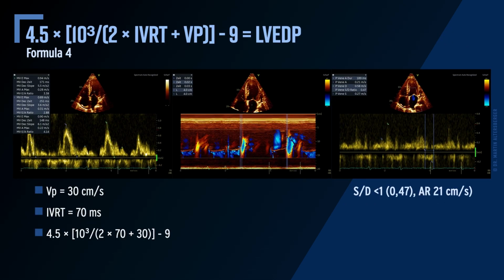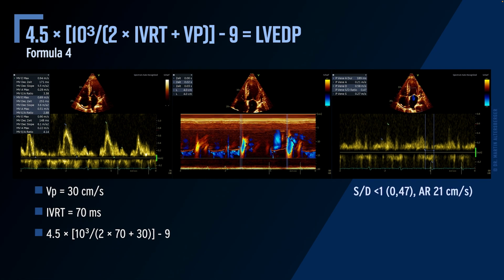The next formula is even a bit more complicated. It is 5.4 times, you see the entire formula there. You need the IVRT, you need the velocity flow propagation, and several numbers to calculate left ventricular end-diastolic pressures. So we have calculated the VP for 30 centimeters per second.